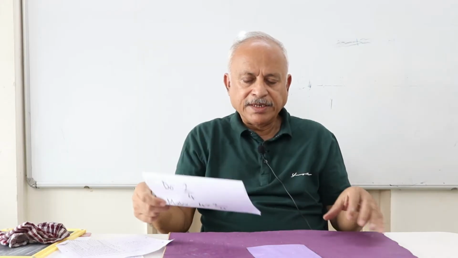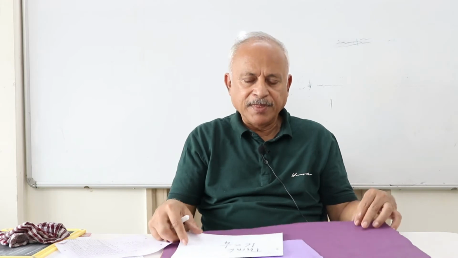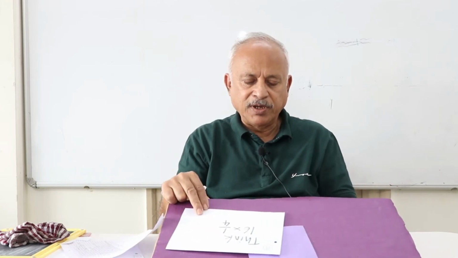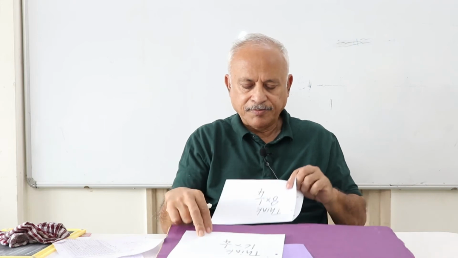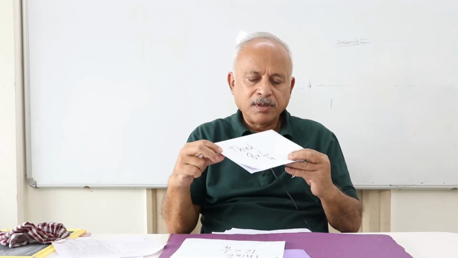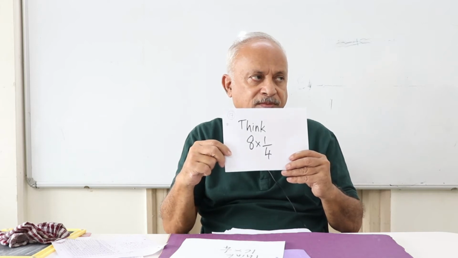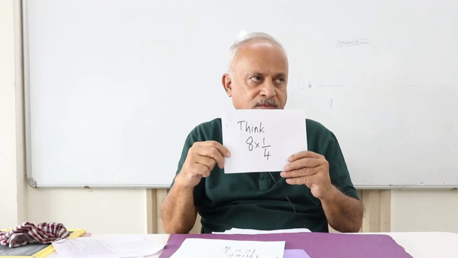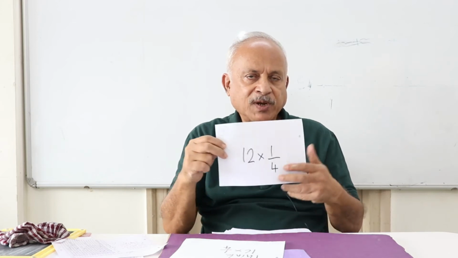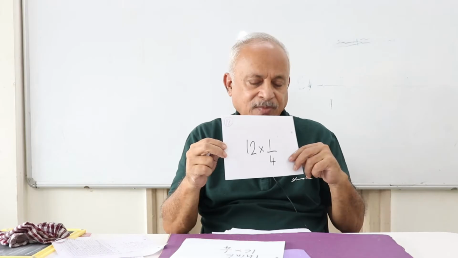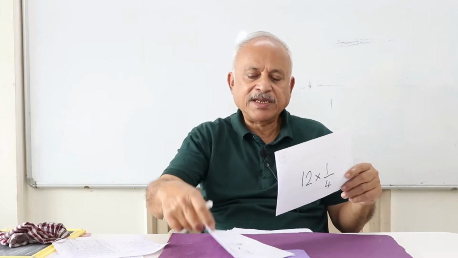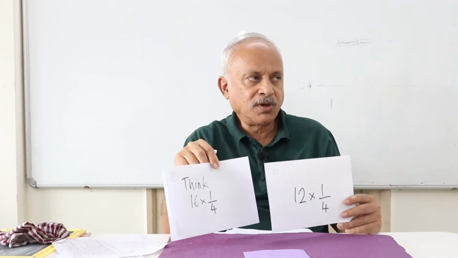So now, let us look at all the things that we were doing earlier. 8 times 1 by 4 was 2. 12 times 1 by 4 was 3. 16 times 1 by 4 was 4. What is the rule?